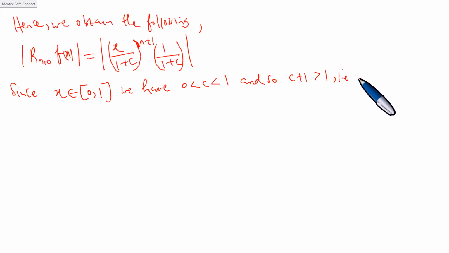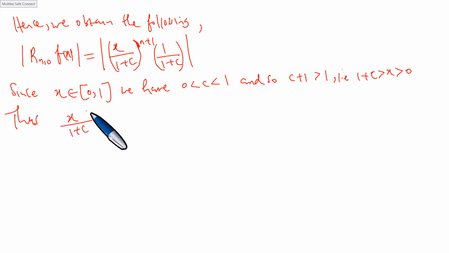That is to say, if you take c and you add 1 to it, it is bigger than x, and x is bigger than 0. Thus, x divided by 1 plus c will most definitely approach 0.